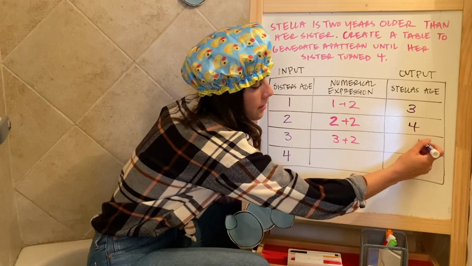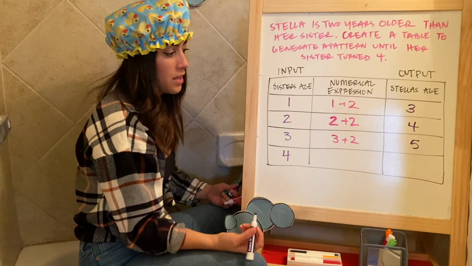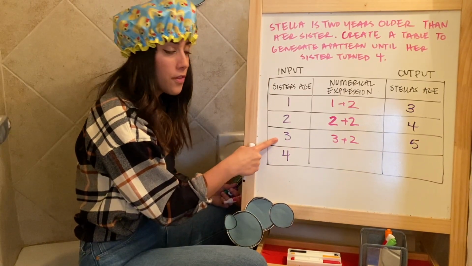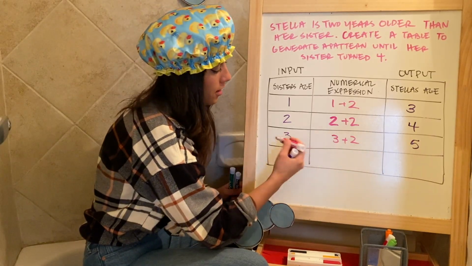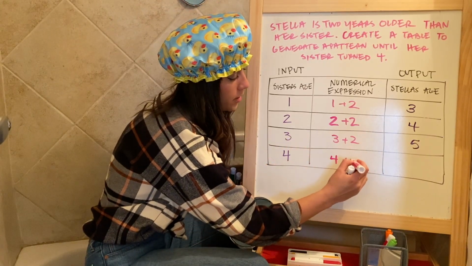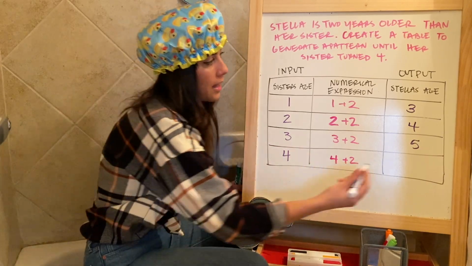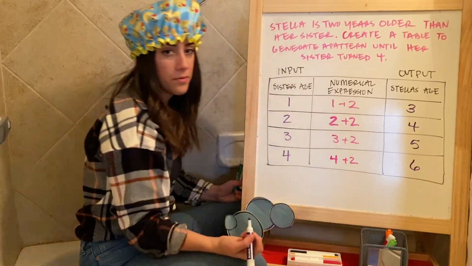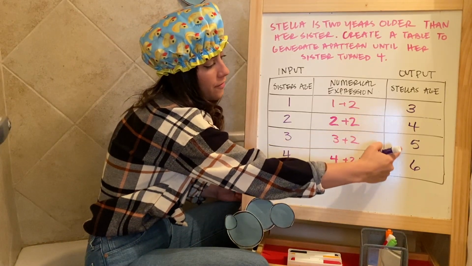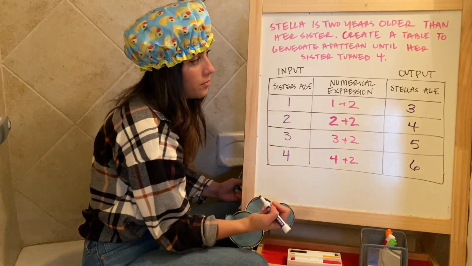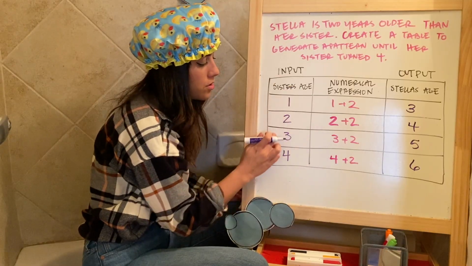That would make Stella 5 years old. So at the same time that her sister is 3, Stella is 5 years old, right? At this point, her younger sister is 4 plus the 2 years of age. That would make Stella 6 years old. So in my answer, I would say that Stella was 3, 4, 5, and 6, while her sister was 1, 2, 3, 4.